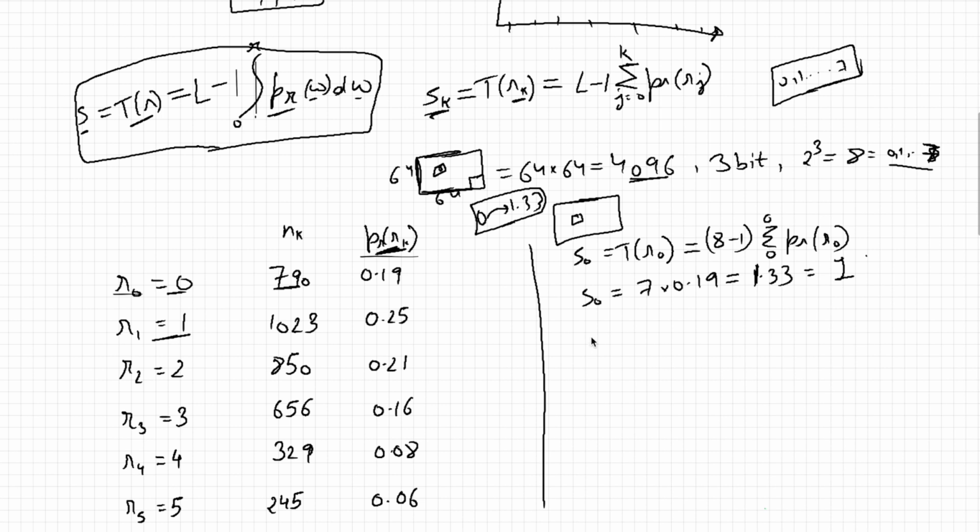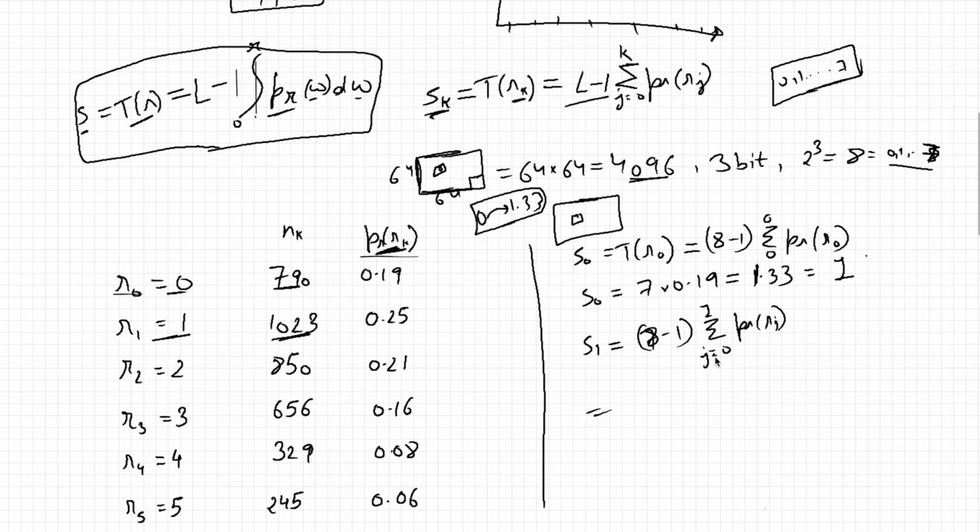And similarly we can do it for S of 1. Now what would S of 1 mean? Well, all the pixels that had the value 1 earlier will now have the value S of 1. And how do we calculate it? L minus 1 will be the same, so 8 minus 1, which is L minus 1, times the summation j from 0 to 1 of P of R of j.